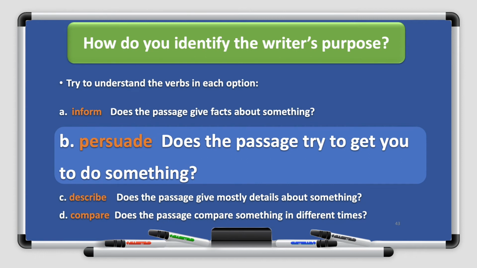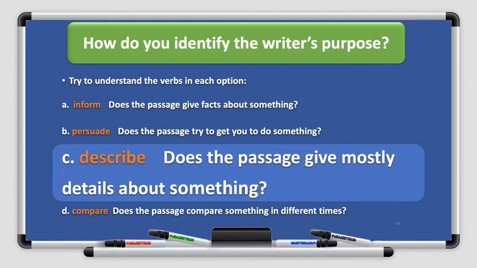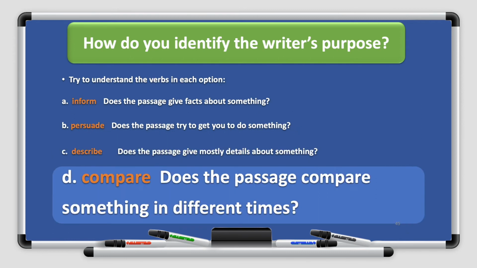If you find persuade, ask yourself, does the passage try to get you to do something? Describe, ask, does the passage give mostly details about something? And compare, does the passage compare something in different times?